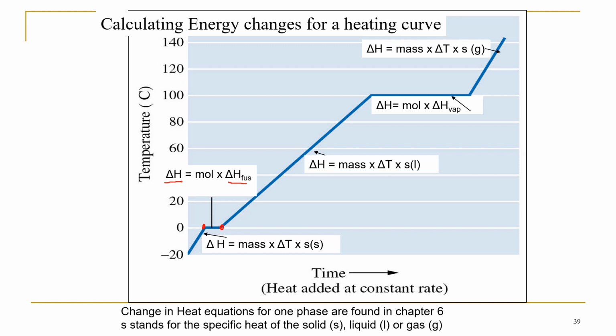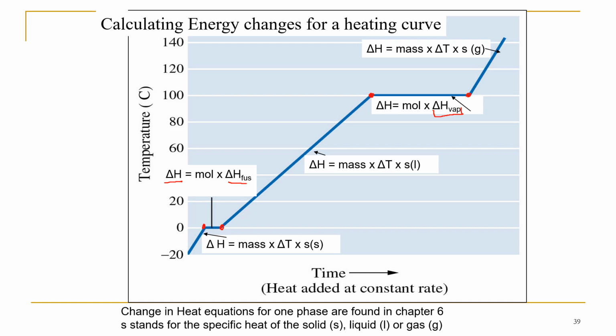And then if you're trying to find out how much heat is required to vaporize 1 mole from liquid to vapor, you know the delta H of vaporization, and that's per 1 mole, and you multiply by the number of moles, and you have the delta H for that segment.